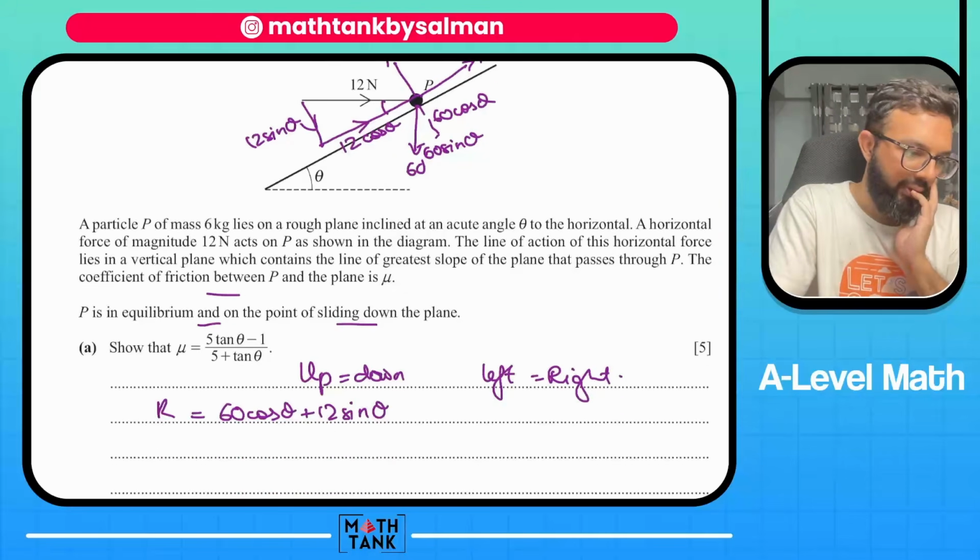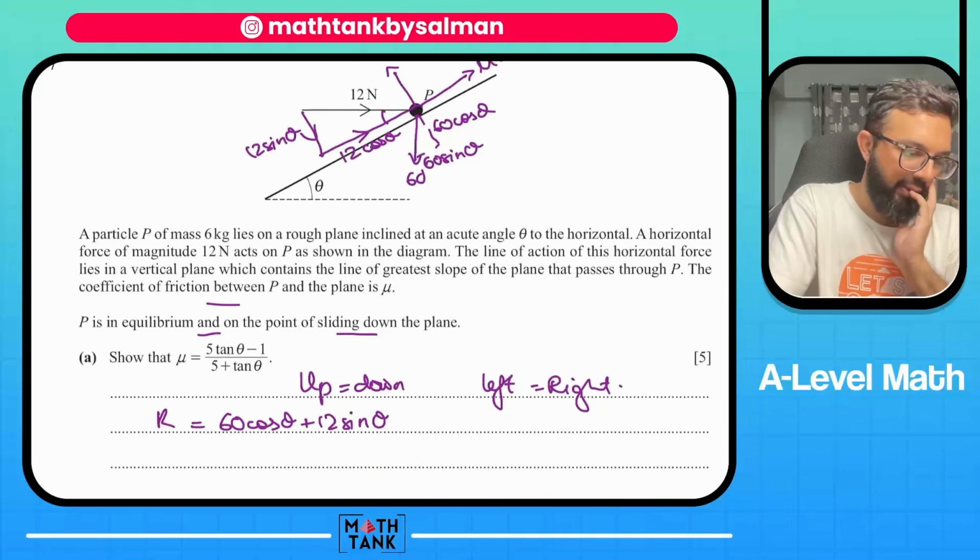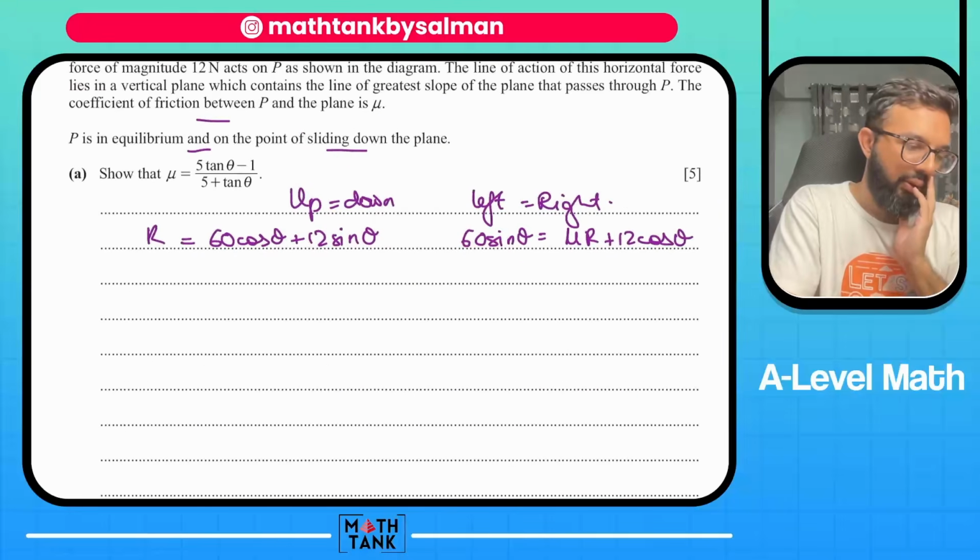Okay, what's left? 60 sin theta. What's right? mu R plus 12 cos theta. The only thing that I can think of doing is I can replace R with all of that.